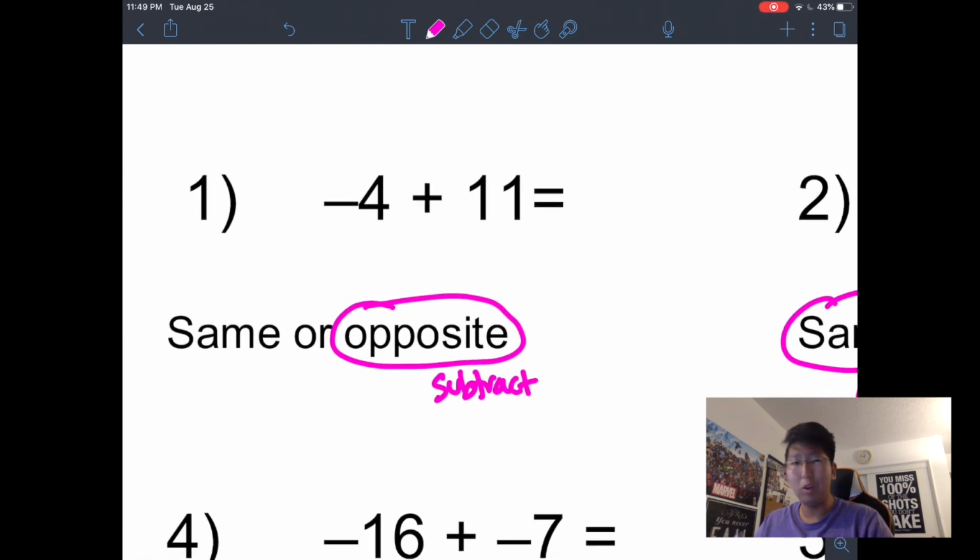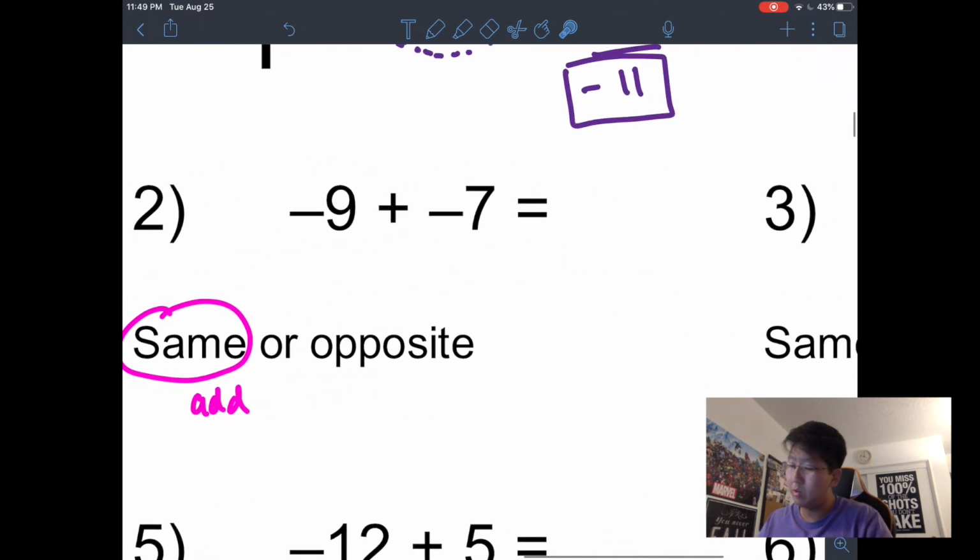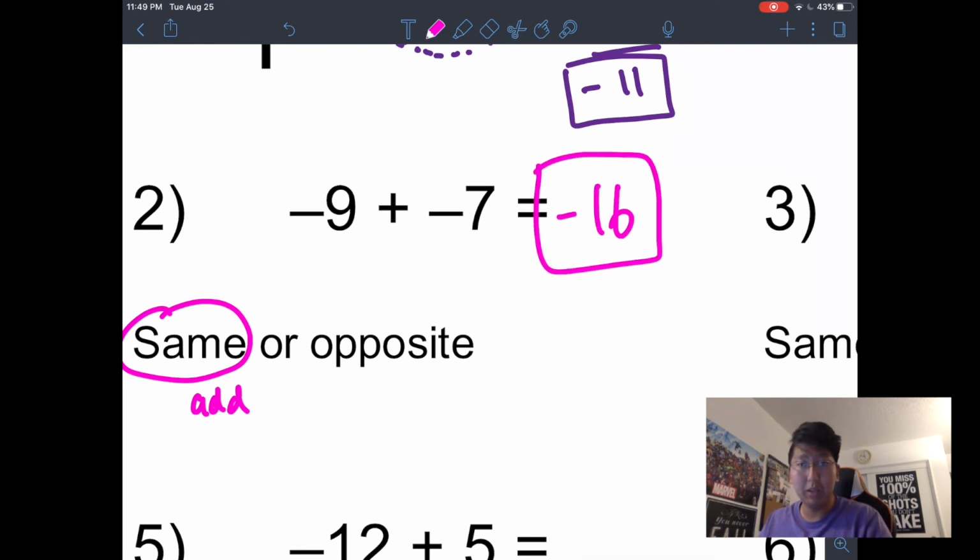So go ahead and try now. Subtract from the larger number, right? 11. So 11 minus 4 is 7. It's going to be a positive 7 because this number right here is the larger number, or the number further from 0, and it's a positive number. Here we're going to add because they are the same, so 9 plus 7 is 16, and our answer is negative because we're going to keep the sign.